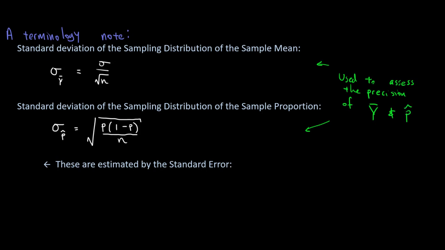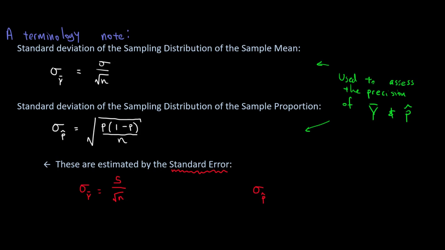However, these are unknown. Therefore, we estimate them by something that we're going to call standard error. And it's basically a replacement of the unknown parameters with their sample counterpart. So the standard deviation of the sample mean is replaced with the standard deviation over the square root of the sample size, where that's the sample standard deviation.